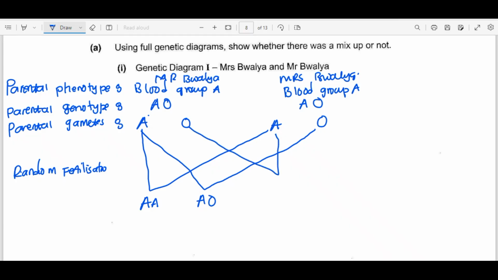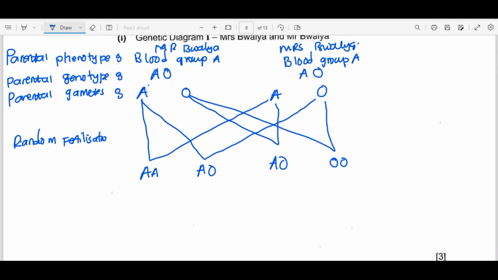Remember, O is always recessive to A, so we begin with AO. So from this, there is a chance of having a child with blood group O. So say genotype of F1.